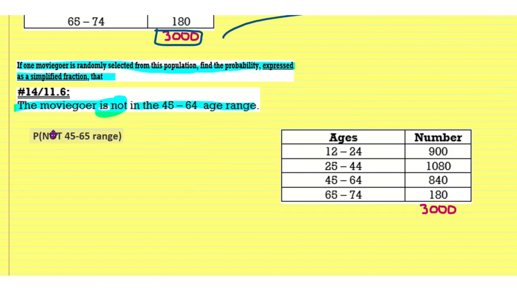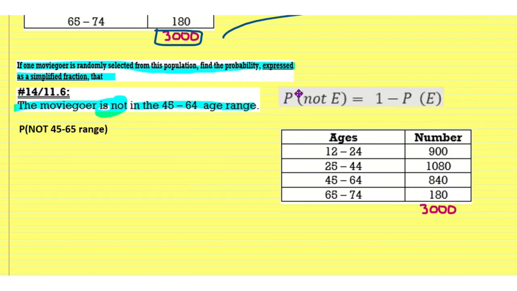So we could actually write that as the P of not 45 to 64 age range. We need to think back to our complement rules. Our complement rule that matches up with this, if we have the probability of not something, well, we need to use this right here, the probability of not some event. And so this gives us what we need to set it up.